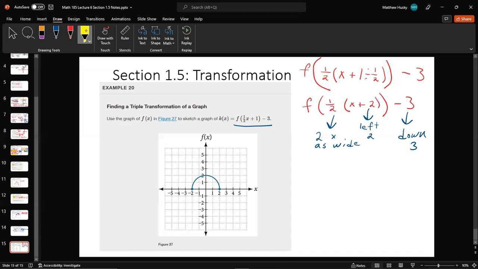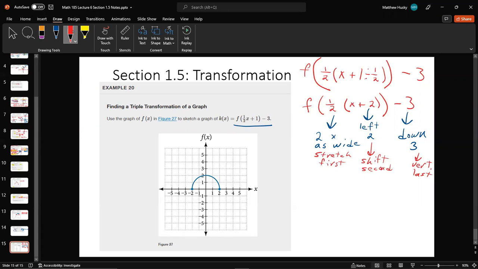So you do the stretch first, and then you shift second. And then we'll do the vertical last. So you always do the stretches first, then you do the shifts. And then just make sure you do all the horizontal stuff first and then do all the vertical stuff.